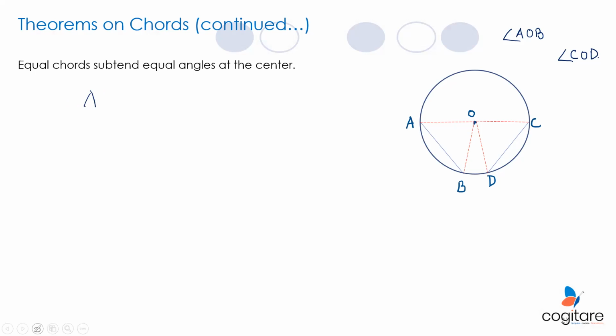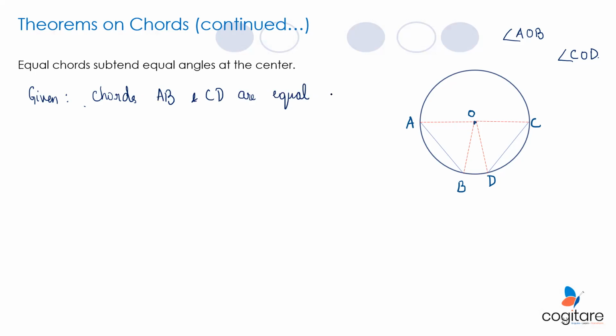Okay, before we even write all of this, shall we just make a note of what is given and what needs to be proved, right? So what is given is we have 2 equal chords, right? So chords AB and CD are equal.